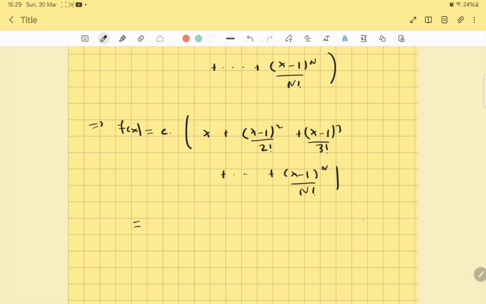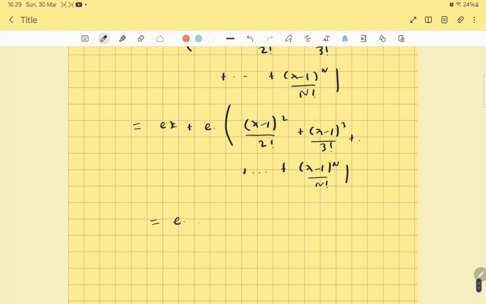And I can write that in the following way: e times x plus e times brackets x minus 1 to the power of 2 over 2 factorial plus x minus 1 to the power of 3 over 3 factorial plus dot dot dot x minus 1 to the power of n over n factorial.